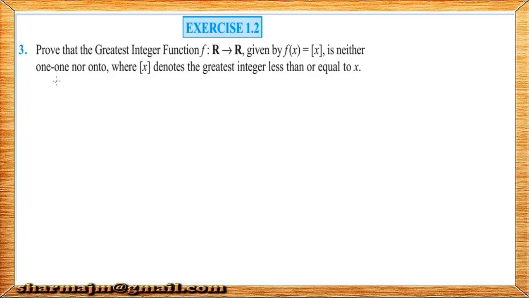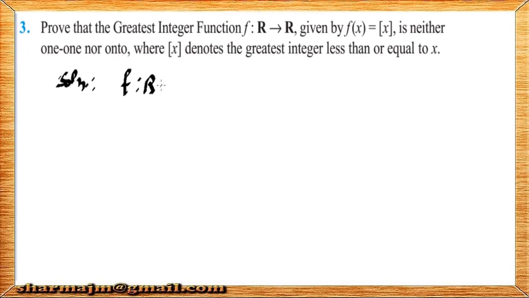Now it is question number 3 of exercise 1.2. Here f is a function from R to R, that is set of real numbers to set of real numbers, such that f of x is equal to greatest integer function. Okay, we use these rectangular brackets and x is a real number.